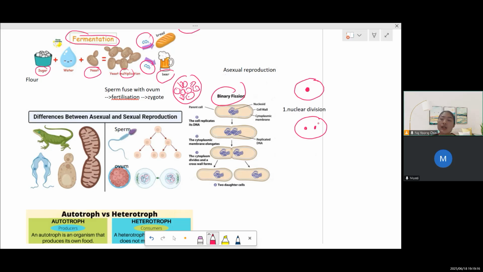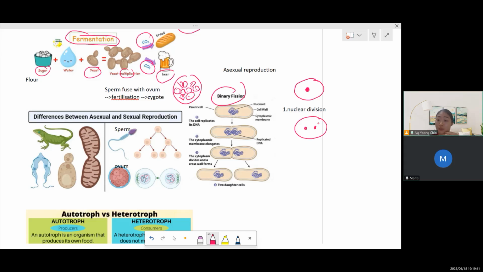Does it turn into two ovums? It's split into half, but it's still the same DNA, and then it just splits into two cells. Definitely, it's still the same DNA.